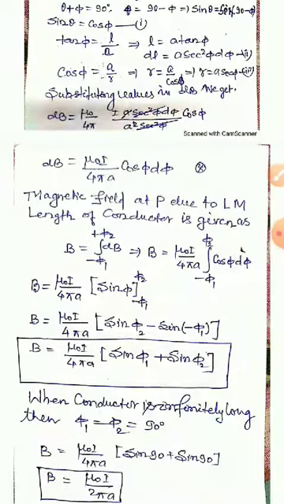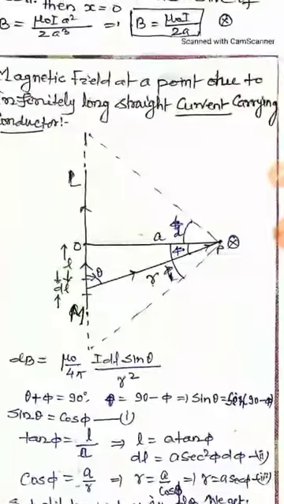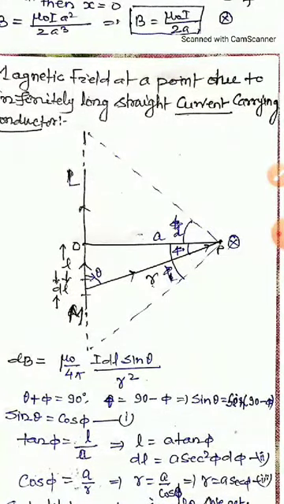Now here you can see, if it is of finite length, then for the angle subtended by the ends at P, we have used angle phi 1 for the lower section and phi 2 for the upper section.